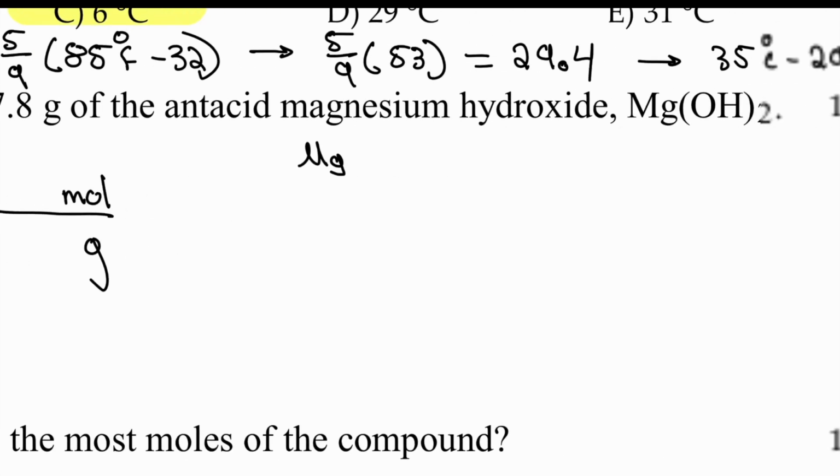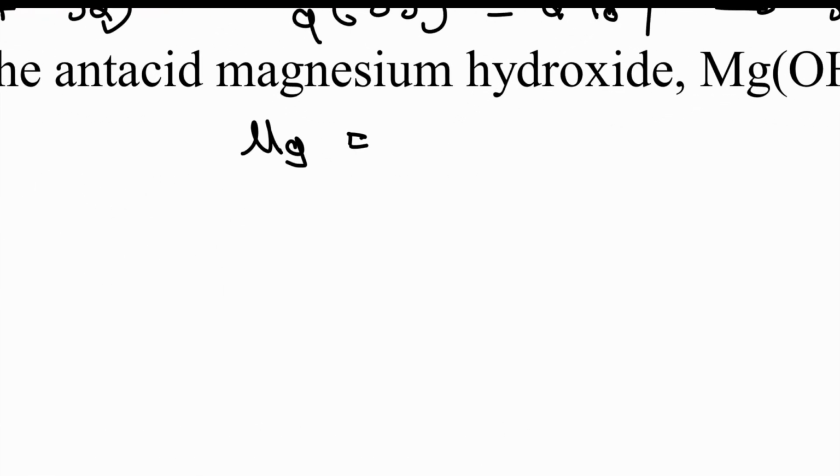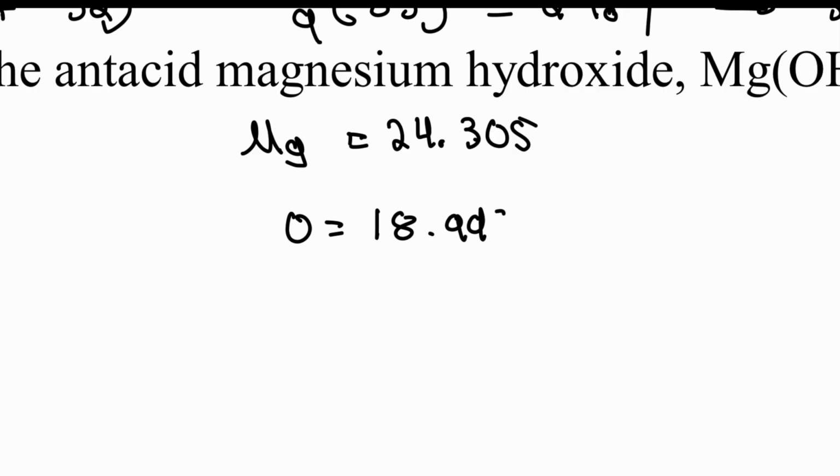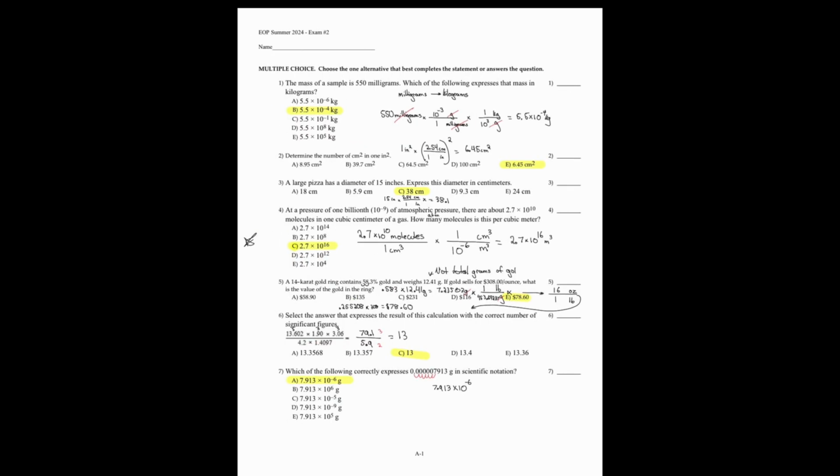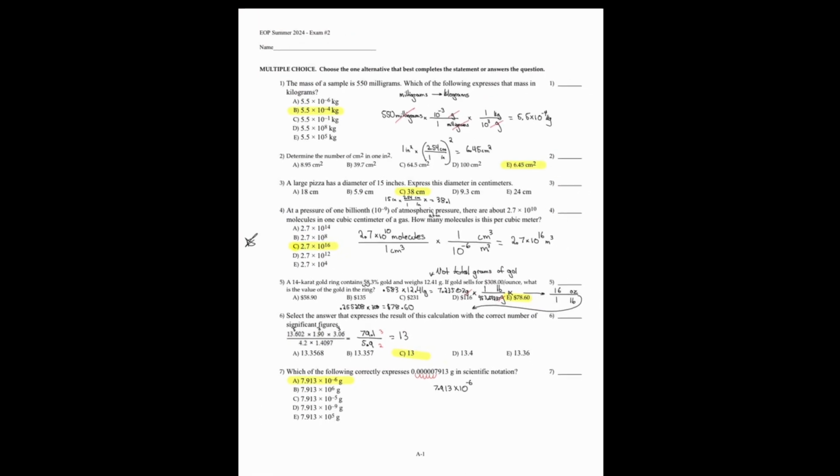Magnesium, they give us right there: 24.305. Oxygen is going to be 18.998. No, not 18.998, not even that. 15.998. Please tell me I didn't make that mistake anywhere else here, right? No, hope not.